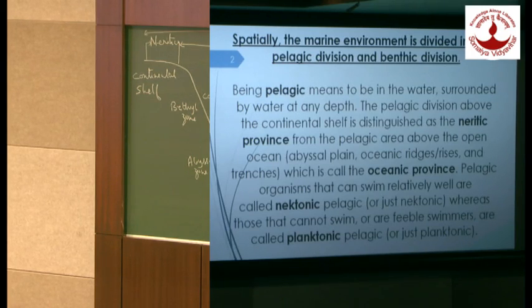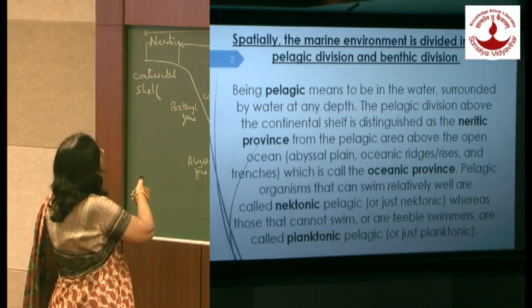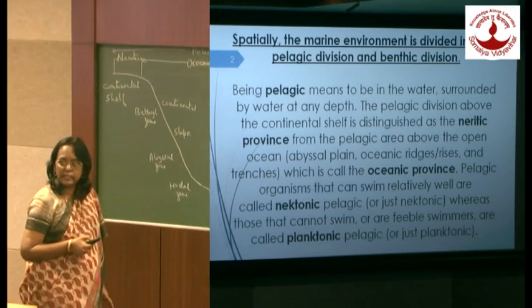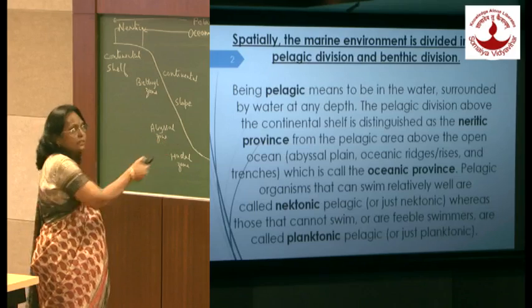So pelagic means to be in water, surrounded by water, which has neritic province as well as oceanic province. So oceanic province is the bigger mass of water. Neritic, now since you know that there is what you call as the continental shelf, so the water which is above the continental shelf, we call it as neritic. Beyond that, it is all oceanic zones.